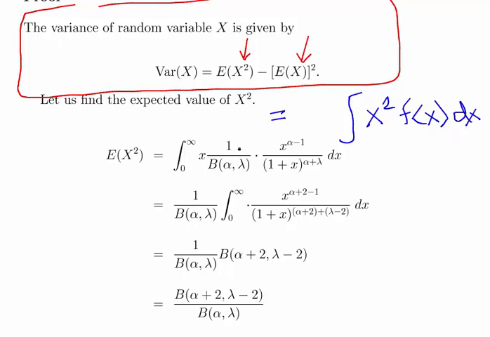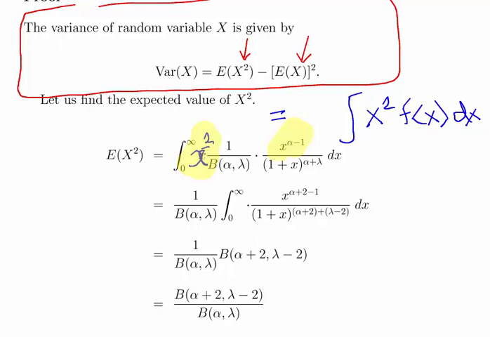I should have this as x squared, little typo there. I'm going to multiply this x squared by x to the power of alpha minus 1, but I'm going to re-express it as x to the power of alpha plus 2 minus 1. Again, I'm doing the same sort of trick. I'm setting up a new beta function where one of the inputs is alpha plus 2.